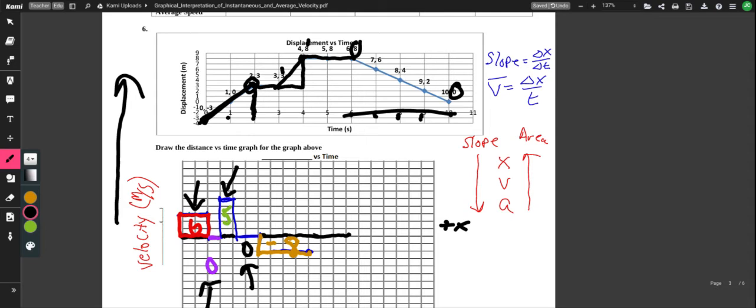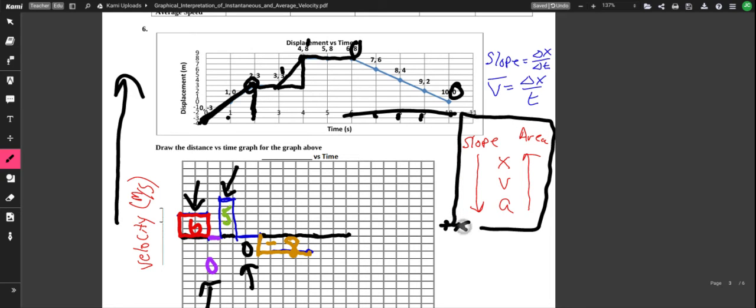The process of converting from velocity to displacement was taking area. If you look over on the left side of your screen, you will see that we have a box that shows the relationship between a position, velocity, and acceleration graph. If I have a velocity graph and I want to go to a position graph, I take the area.